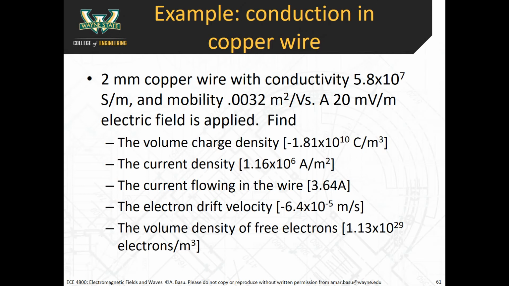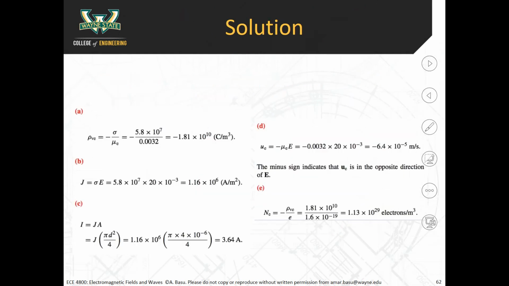This problem is really about using those formulas to figure out the charge density, the current density, the total current, and so on. Let's look really quickly at how to do this, and you'll have a homework problem that's exactly like this, so you'll get some practice doing it there.